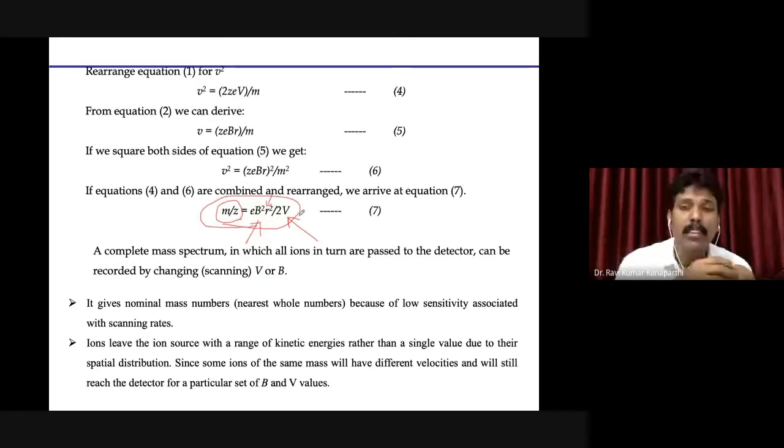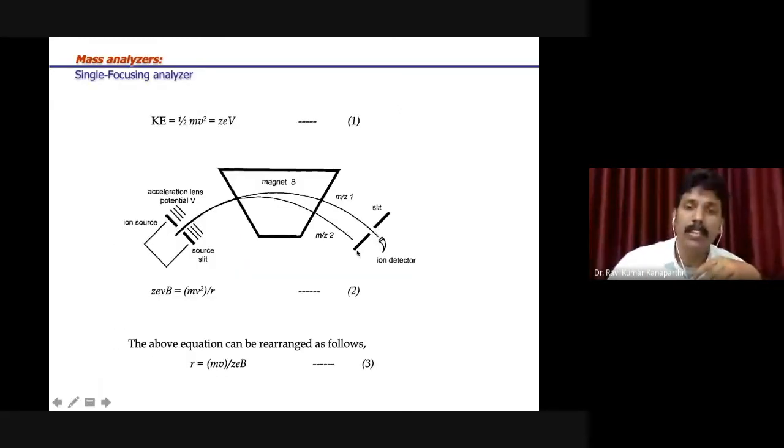The detector is initially kept here, as you can see. If you move the detector in this direction and keep the slit over here, then it can detect even this one, because this radius is somewhat smaller.